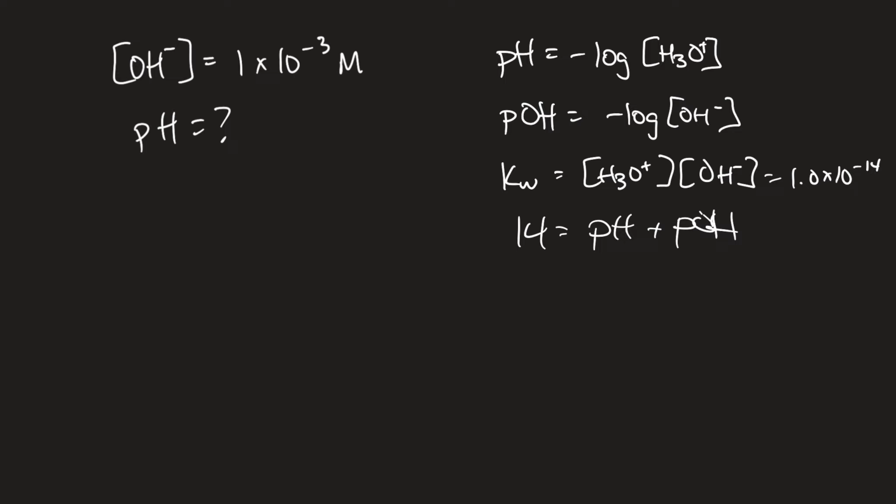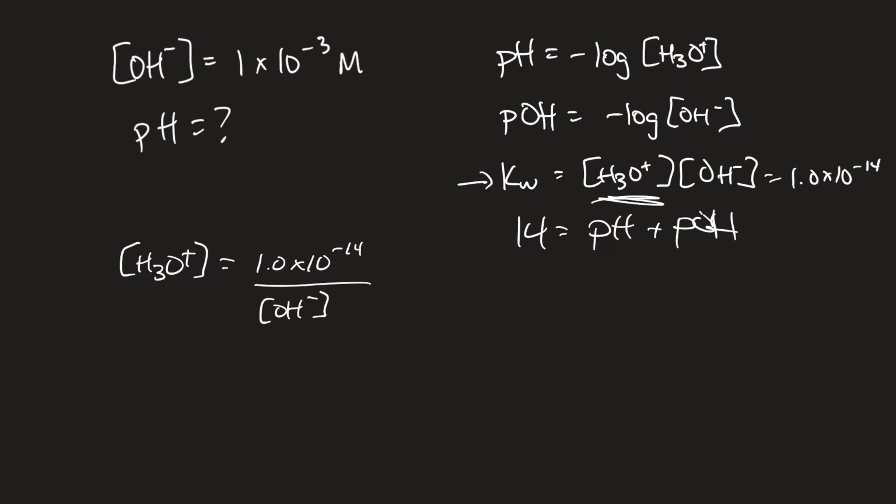All right, so first I'm going to use this equation, okay? So I'm going to solve for hydronium concentration. So if I rearrange this, hydronium concentration is equal to 1.0 times 10 to the negative 14 divided by the concentration of hydroxide.